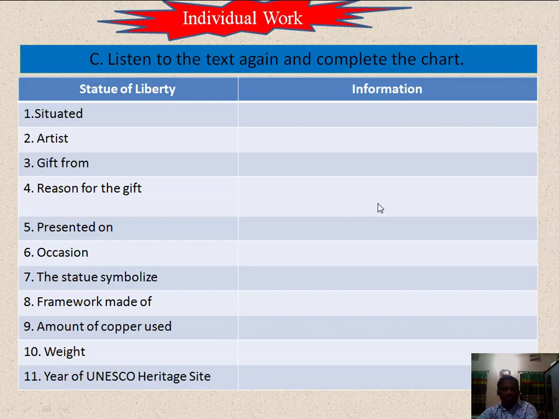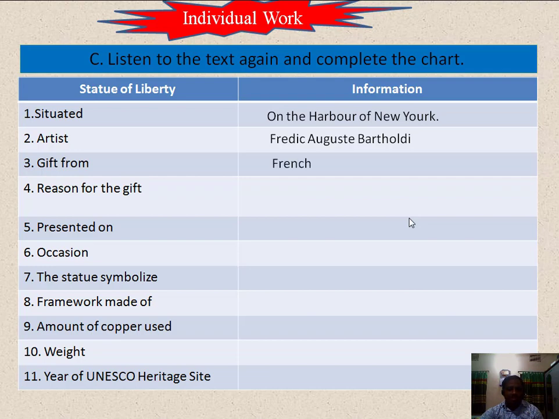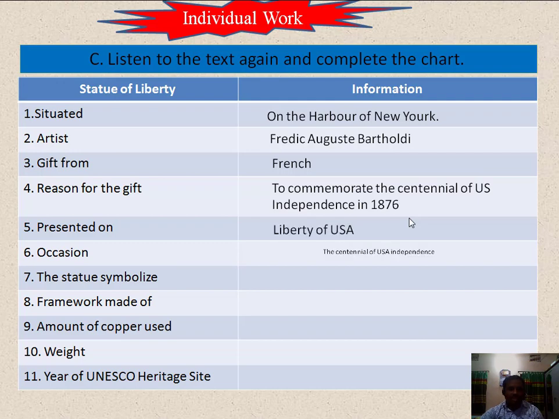Now check it. Situated: it is situated on the harbor of New York. Artist: Frederick Auguste Bartholdi. Gift from France. Reason for the gift: to commemorate the centennial of US independence in 1876. Occasion: the centennial of USA independence.